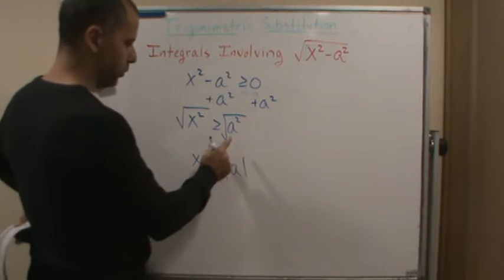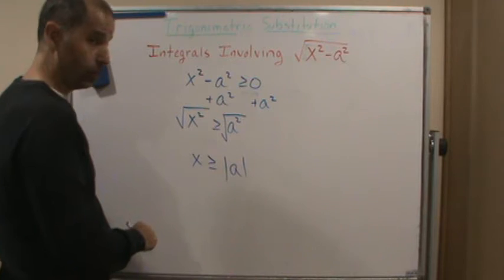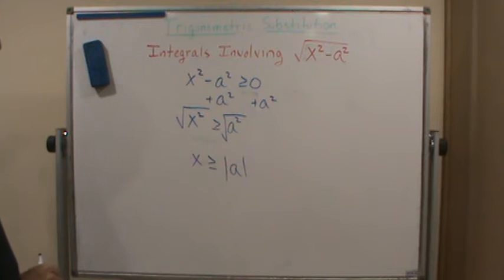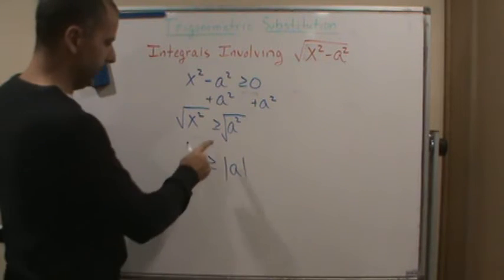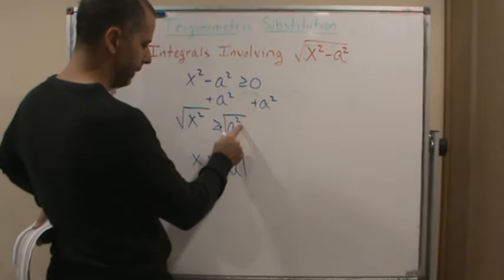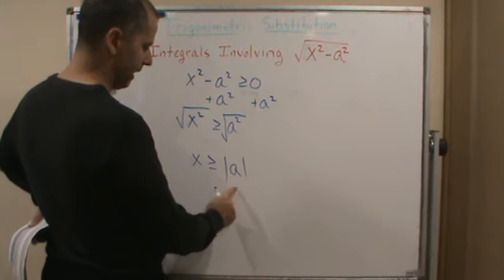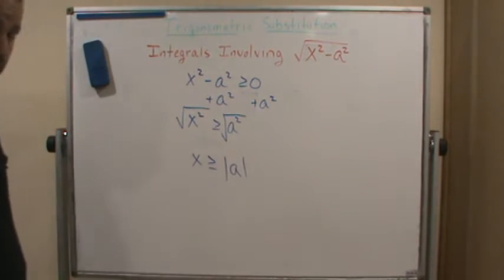So this goes back to properties of square roots. If we have an even root with an even power, then we have to have the absolute value signs.